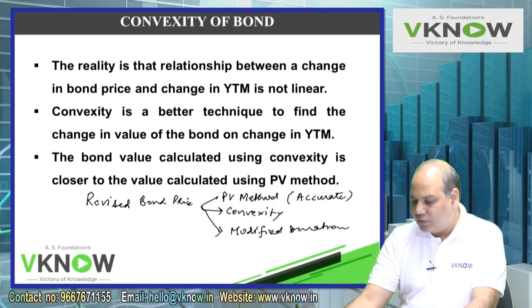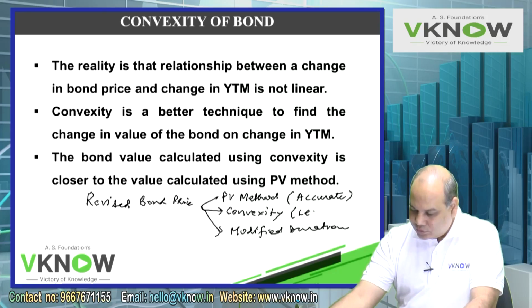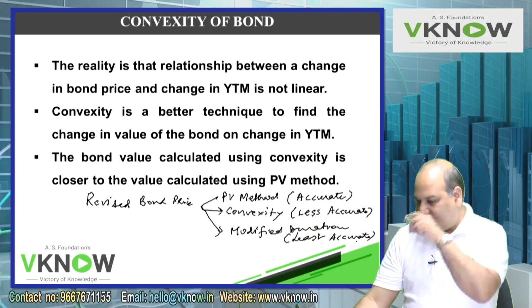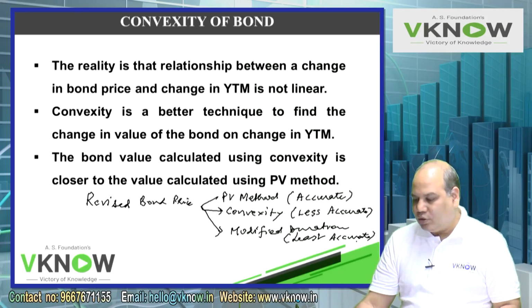So this is the order. I am going to take some examples to check this statement, that the convexity based revised bond price will be very close to the accurate answer, that is the PV method, whereas the modified duration based answer will be far away from the present value method.